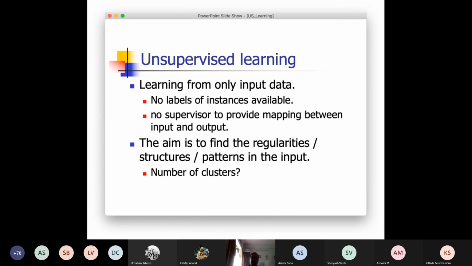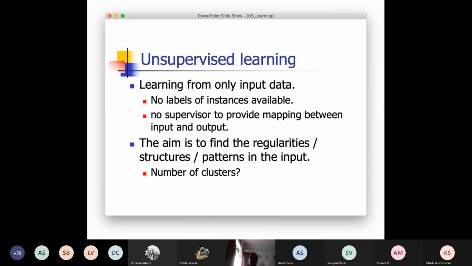There are, of course, various questions that arise in unsupervised learning. When you do not have any such information, what is the starting point? For example, if I ask you to find the groups, should we have at least some idea of the number of groups?